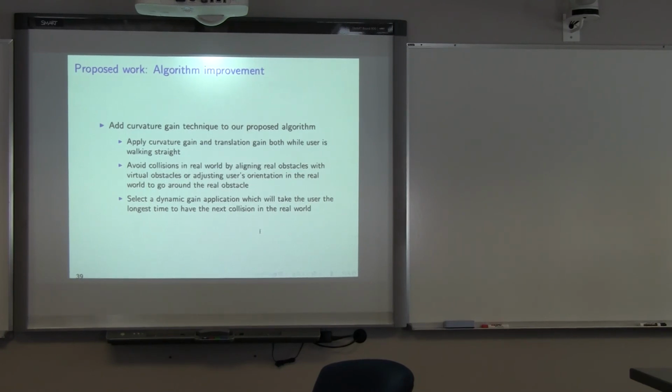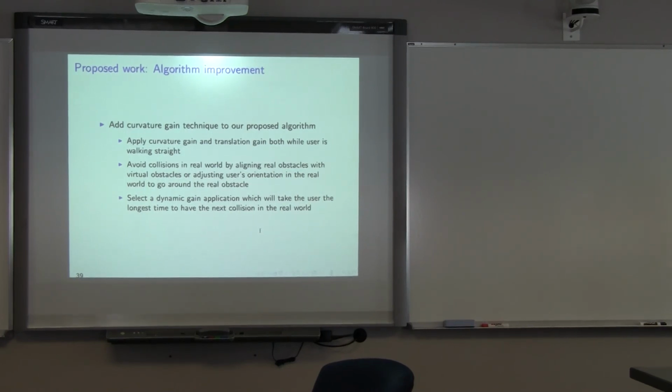When we add the curvature gain to our current algorithm, we will change the user's walking direction, which might result in another potential collision in the real world. Since we can insert any amount of the gains within the user's perceptual threshold, we can manipulate the user's current path in the real world into different walking paths in the real world.